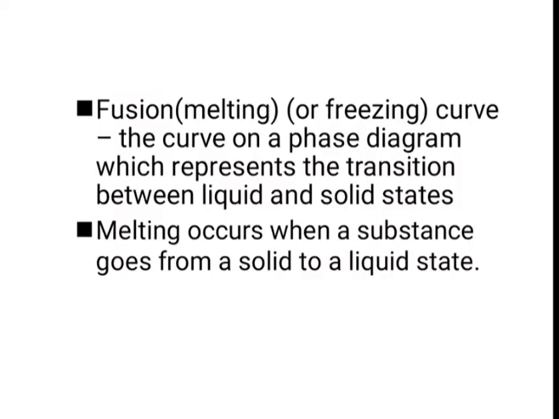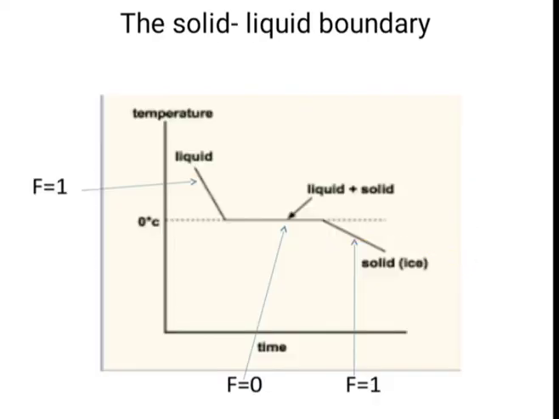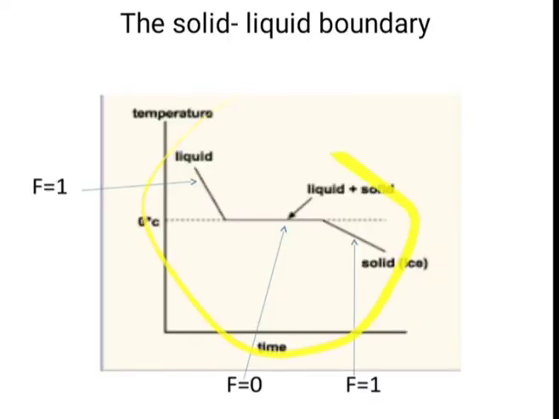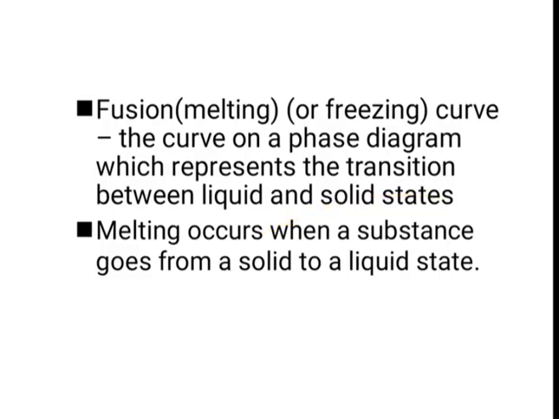So, we will see the transfer of solid to liquid or liquid to solid; freezing or melting are possible. So, fusion, that is melting or freezing curve, this curve is known as the freezing curve or the melting curve. The curve on a phase diagram which represents the transition between liquid and solid state is called a fusion or freezing curve.